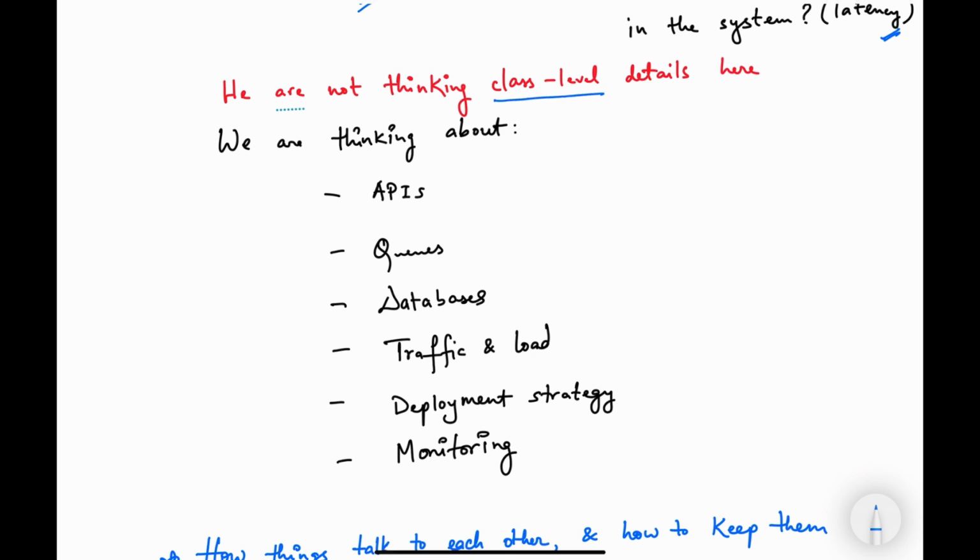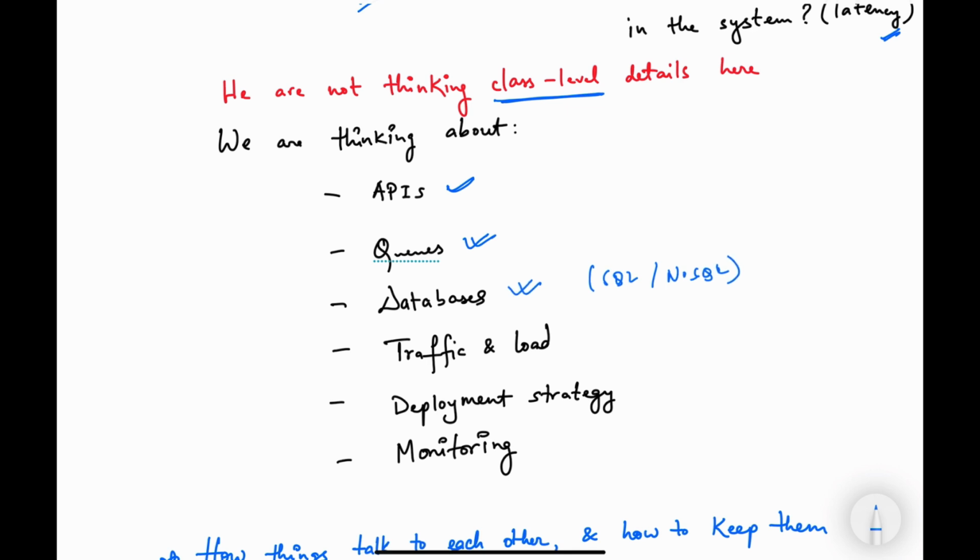So we are not thinking at the class level details, like what classes do we define for a particular functionality or a business process. We are not thinking about that. What we are thinking about is what components we will use. Are we building APIs to expose our functionality? Are we using message queues? Are we using databases? What kind of databases do we use, SQL or NoSQL? What suits our use case?